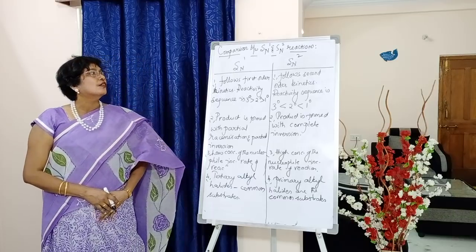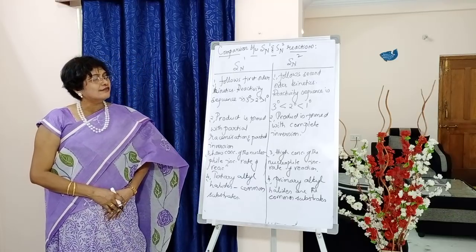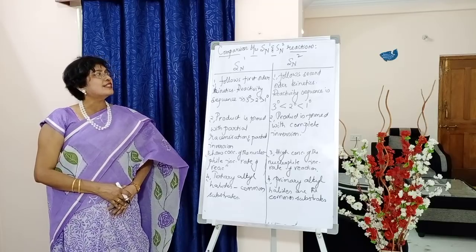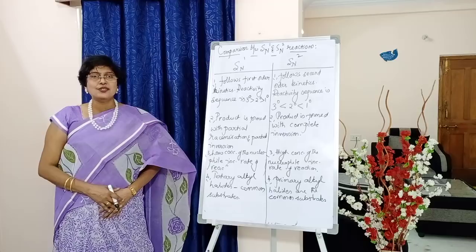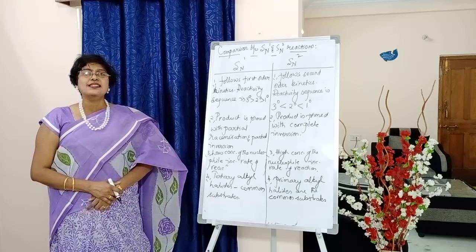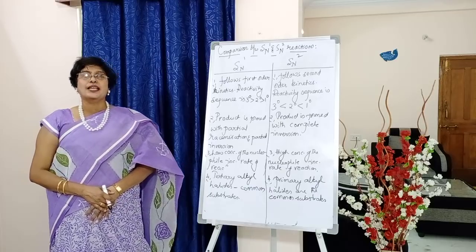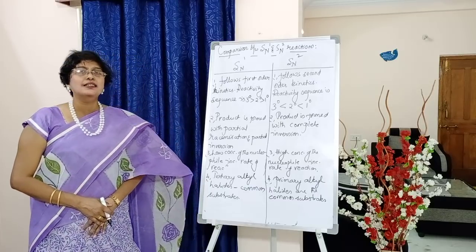Okay, so now divide the page into 2 columns. Left side write down SN1, right side SN2. These are all known points only, students. Just for your notes I am giving you these points. Okay. Point number 1.